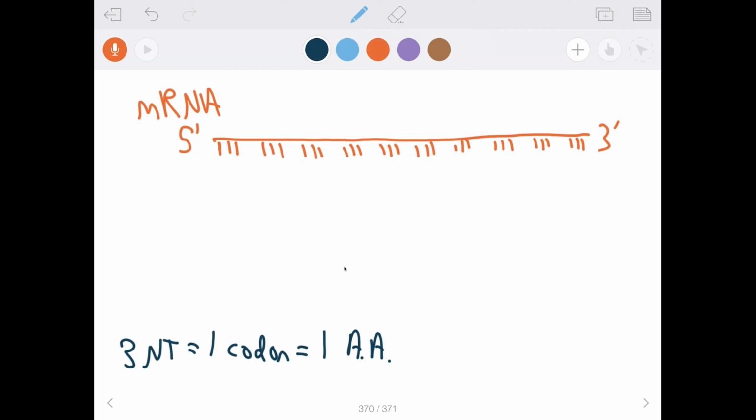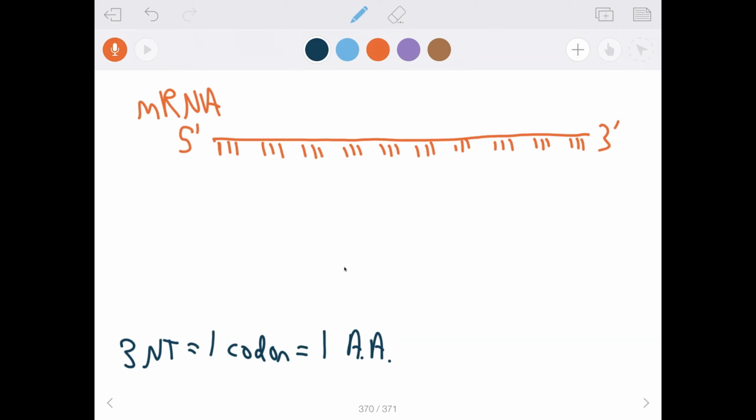And I talked about triplets a little bit in the video lecture when I talked about that chart with the triplet sequences and how you could have serine, the amino acid serine, coded for 6 different ways, and leucine coded for like 6 different ways, and all these others that are coded for multiple ways. So it's important to remember that 3 nucleotides equals 1 codon. 1 codon codes for 1 amino acid.